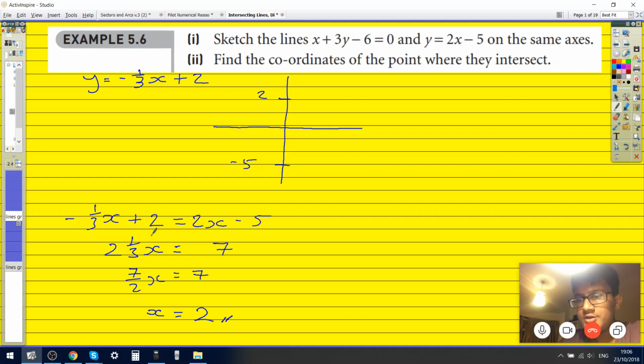Oh, okay. Like divide both sides by 2 1/3. Right. Okay. Yeah, so 7 over 2x is equal to 7. So x is, you times 7, basically 7 times 2 over 7, so you get 2 there. Yeah.